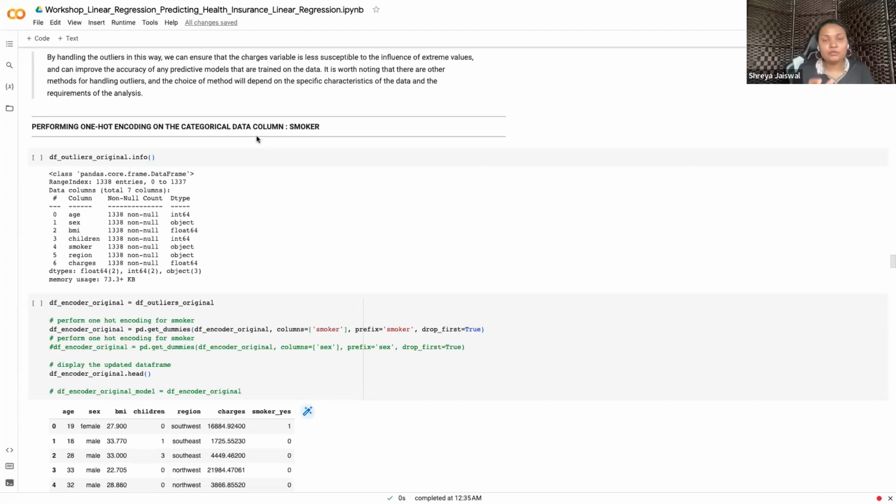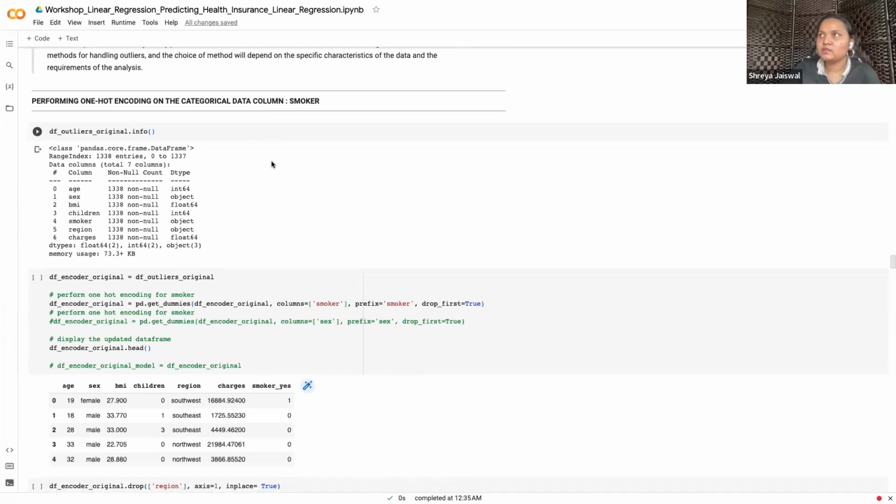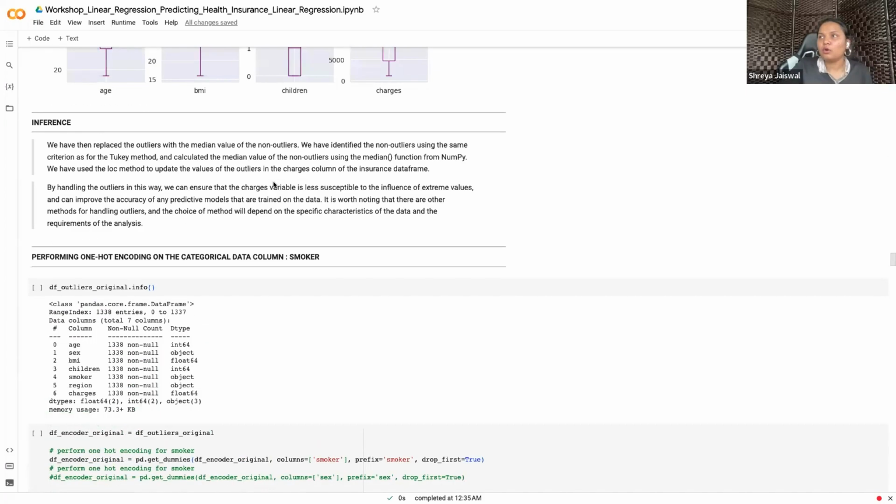So if our response variable is continuous and numeric, we have to make sure that our independent variables are also numeric and continuous. In this case, the value of the column smoker is Boolean. It's either yes or no.